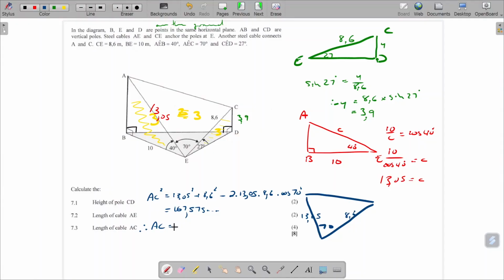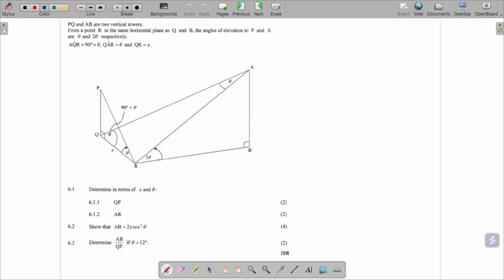We're going to square root that. We get an answer of therefore AC equals 12.945, which we should say is equal to 12.95. Okay, cool, sorted. Move on to the next question.